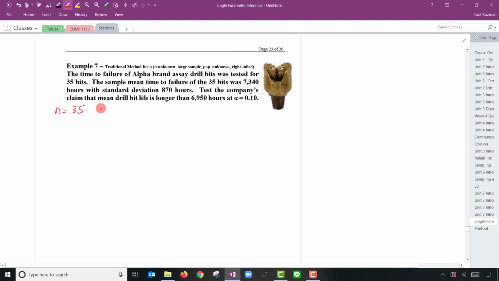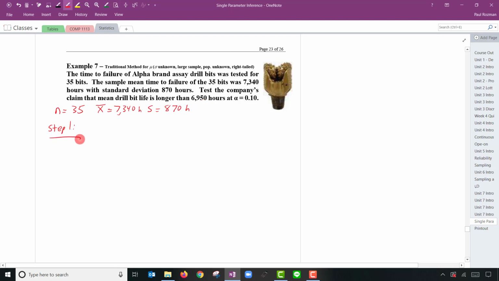We tested them for life, and we found that our 35 bits lasted on average 7,340 hours with a standard deviation of 870 hours. The company who sells these bits claims that the drill bit life on average is longer than 6,950 hours. So that's their claim.